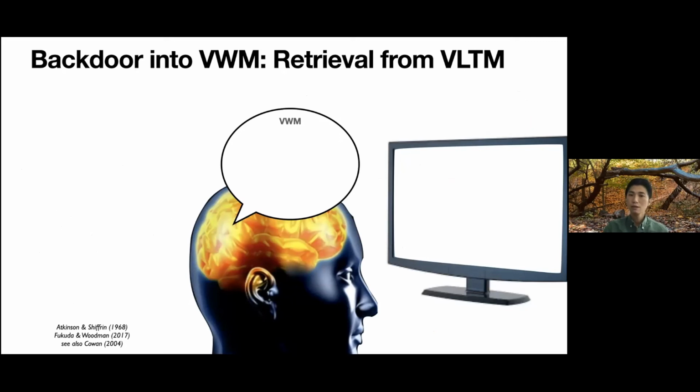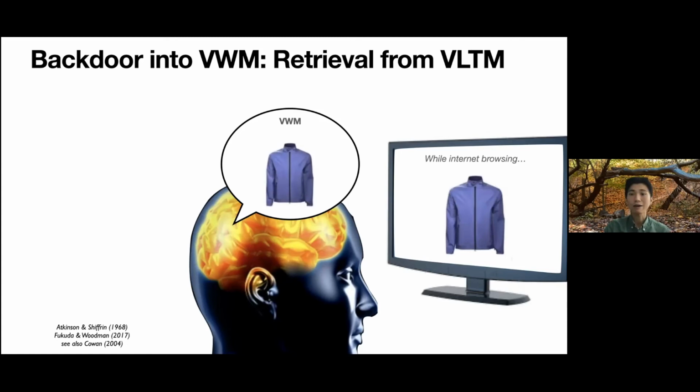In other words, information can be retrieved into working memory from long-term memory. Just to illustrate that point, let's consider the following. Imagine that you are casually browsing on the internet and you run into this really cool looking jacket. In order for you to say, oh, that's a really cool jacket, you need to load that information into working memory so that you can closely inspect the quality of it.